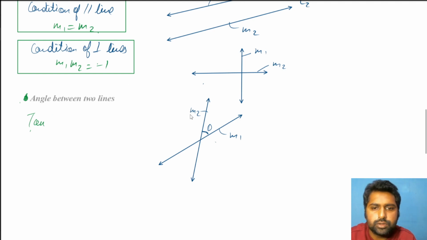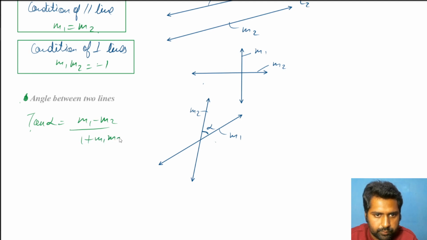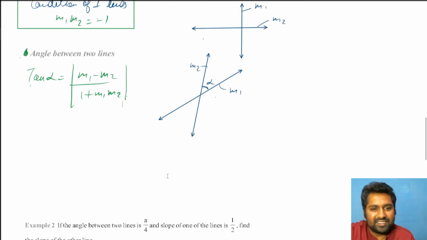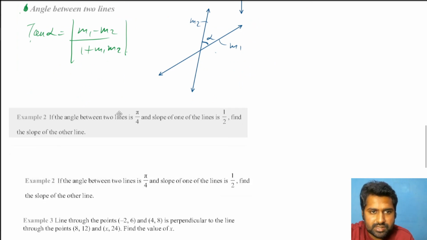I told you that slope is also tan theta and here I am also using theta, so I will call this angle alpha so that you don't get confused at all. So tan alpha is equal to mod of (m1 minus m2) upon (1 plus m1 m2). What does mod do? Make things positive. Modulus. Okay, we'll have to study modulus a lot in a lot of chapters anyway.